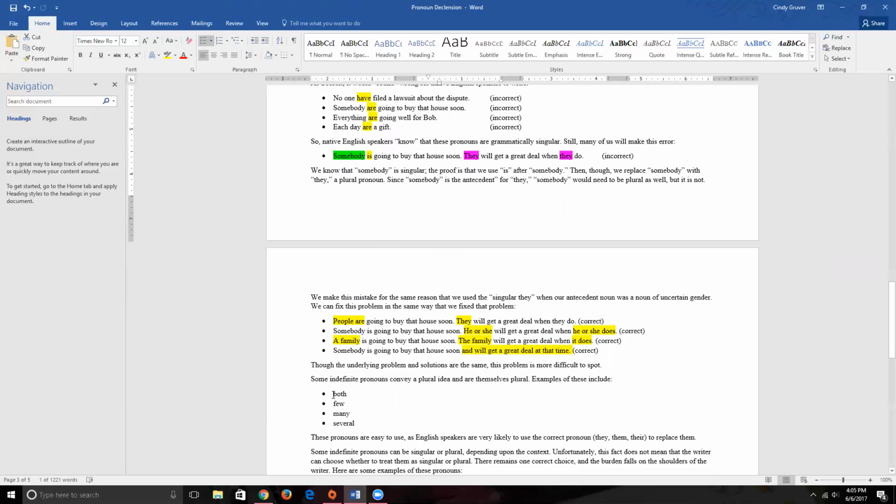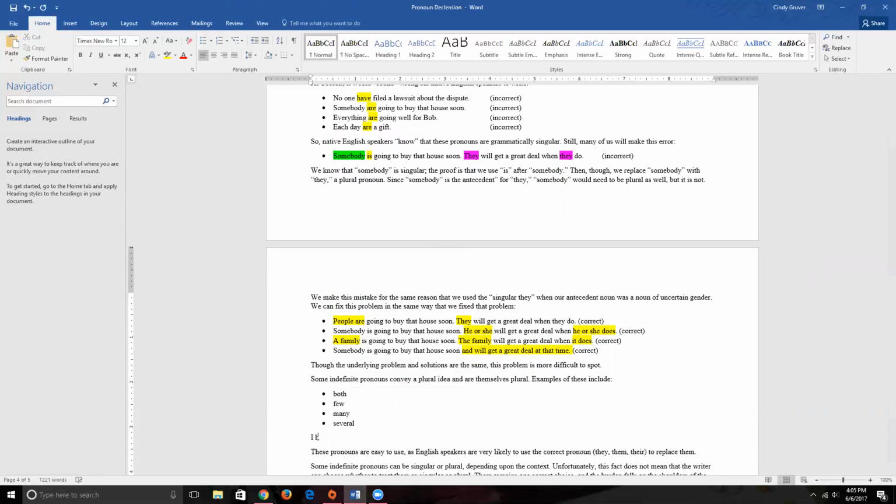So when we use the word both, I have two shoes. Both are on my feet. None of us would say both is on my feet. Let me just write that. I have two shoes. Both are on my feet. Okay, so both is our indefinite pronoun. It's plural, and we are going to use are, which is the plural verb.